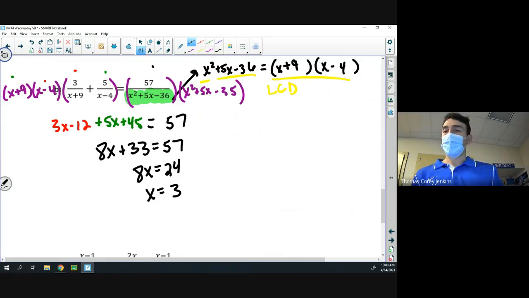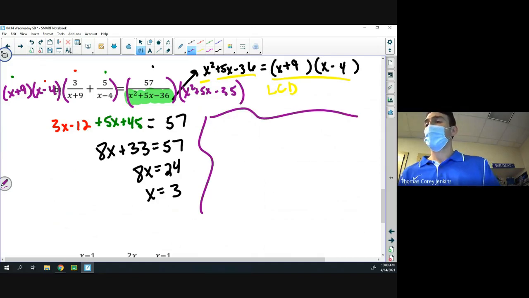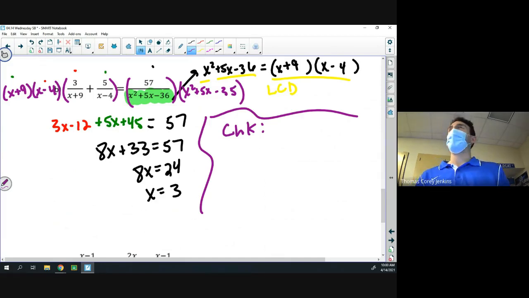All right, so we get x equals 3. Now, I will say that it's probably a little more important that you check your solutions, especially if you have variables in the denominator, okay? And it's not super easy to do, but let's see what that would look like, okay? So we're checking, does x really equal 3?